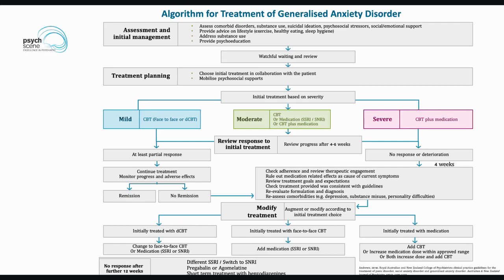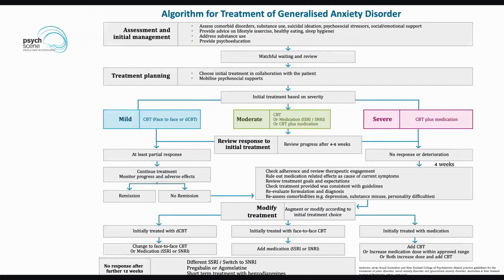Pregabalin or agomelatine are also evidence-based. And the guidelines also mention short-term benzodiazepine treatment to provide some symptomatic relief. Now, benzodiazepines should always be prescribed with an appropriate risk-benefit analysis. They are useful medications in the short term to provide substantial relief, but we need to ensure that they do not result in the risk of dependence that's associated with benzodiazepines.